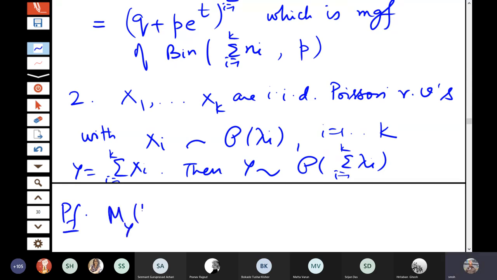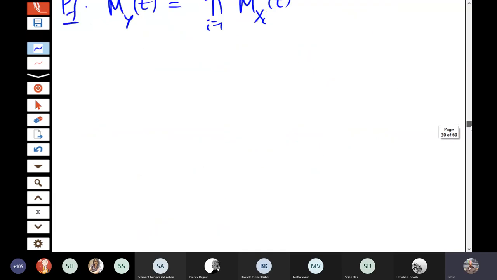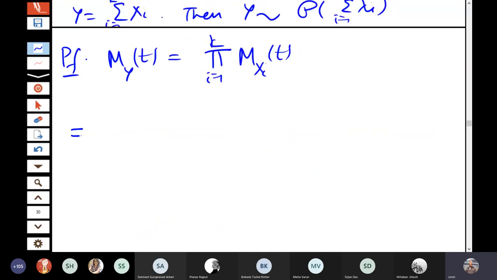See, M_Y(t) will become the product of M_Xi(t), i equal to 1 to k. So that is the product over i equal to 1 to k of e to the power lambda i (e to the power t minus 1).